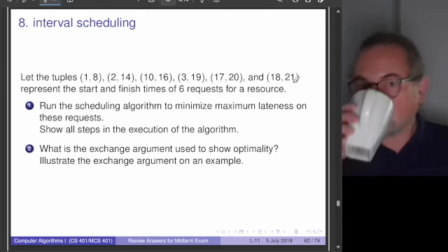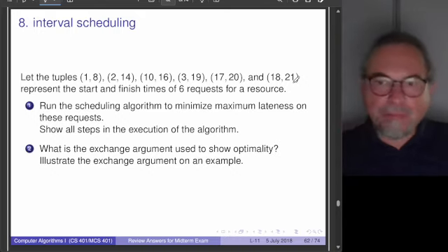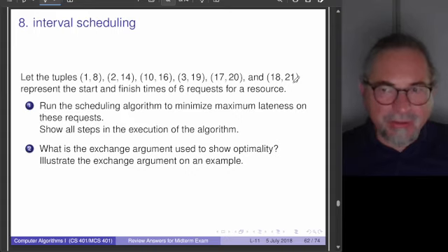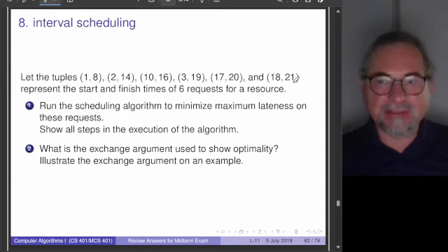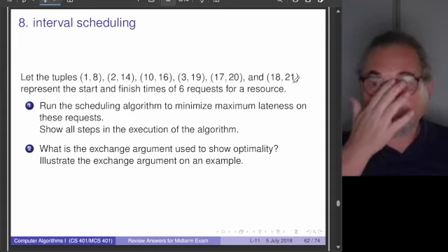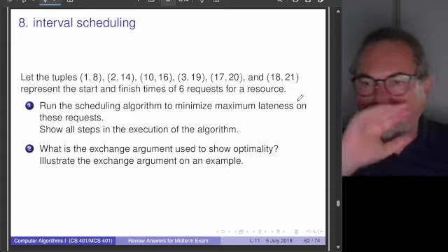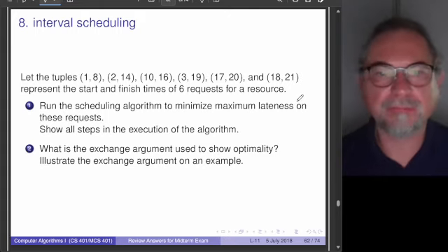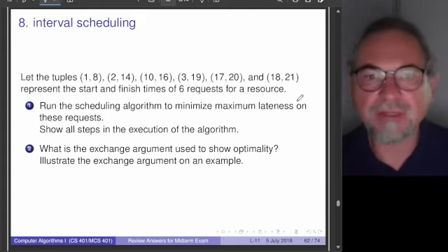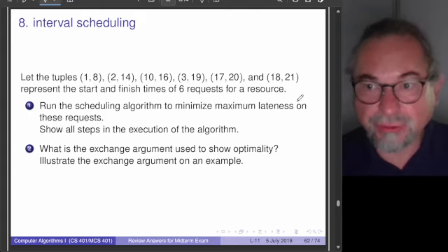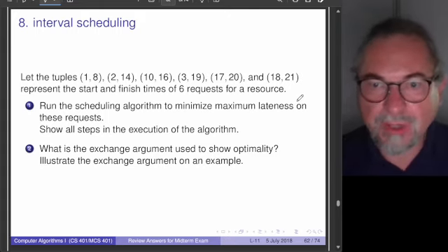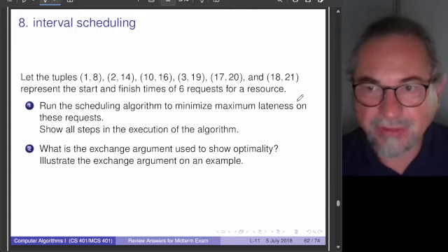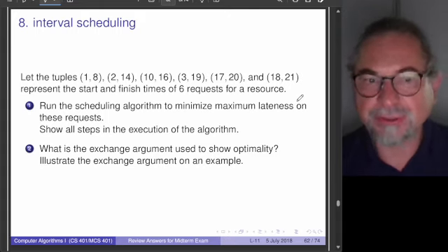So the last job needs to be finished at time step 21, but you can't do it because of the overlap. Now, you can still do the requests, but it will be past the finish time. The finish time is here now interpreted as the deadline.